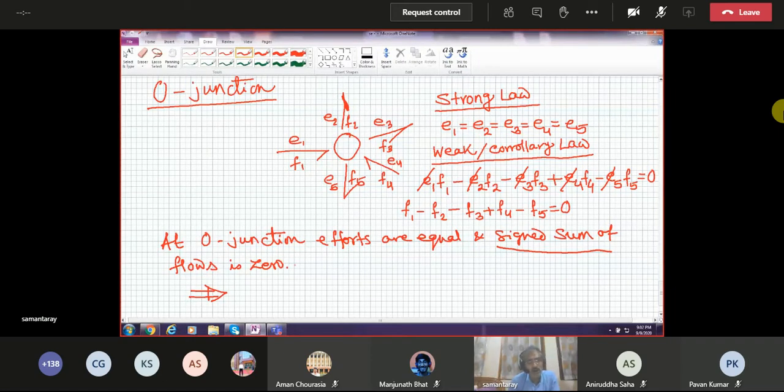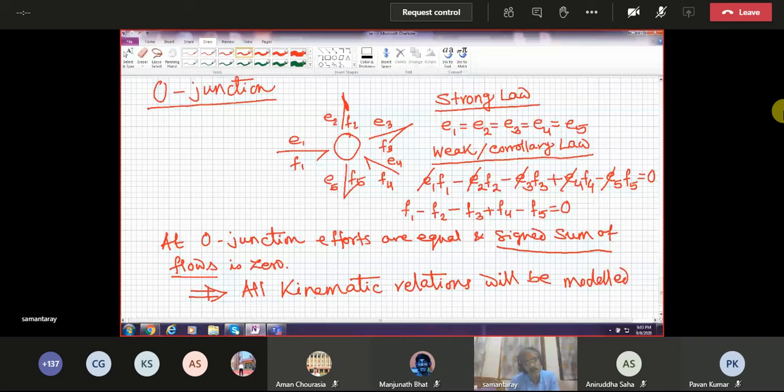So all kinematic relations, very important for our mechanical engineering, will be modeled by the zero junction.